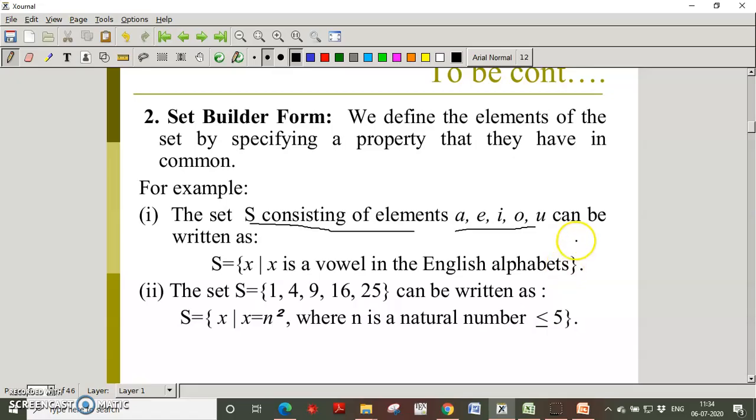When we represent a set in set builder form, all the elements have the same type of property. Here is another set: S equals 1, 4, 9, 16, 25. We can write this set in set builder form as x such that x equals n squared, where n is a natural number less than or equal to 5.